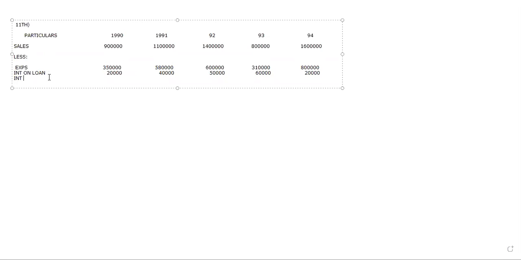And the last one is interest on debentures. Interest on debentures is common for all the years, so he gave 30,000 each time.